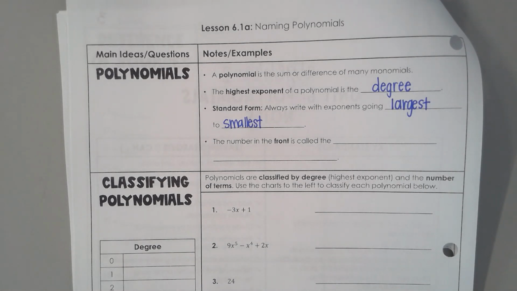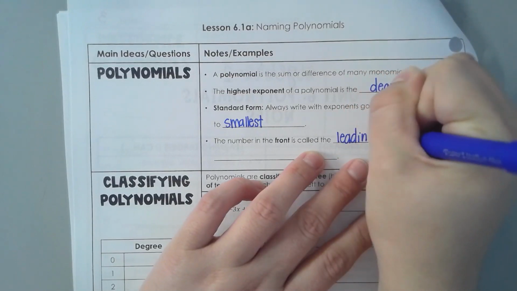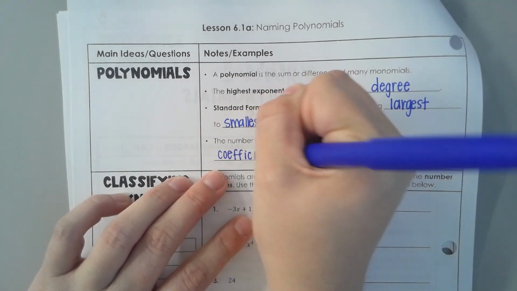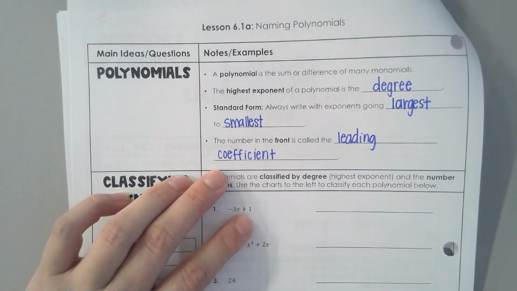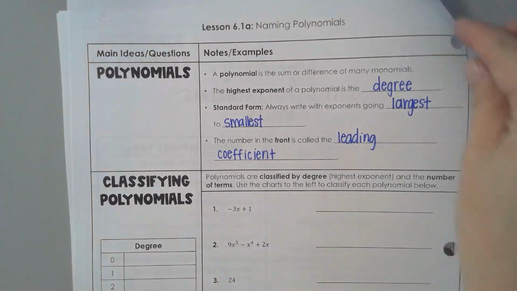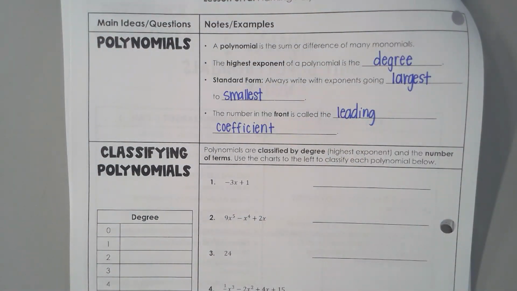So if it's in standard form, the number in the very, very front, the big number, is called the leading coefficient. And you've got to be able to identify those different numbers.